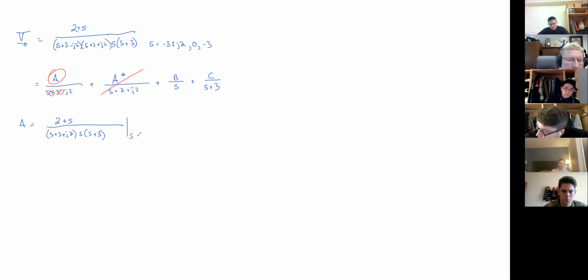And every time we see an S, we're going to replace it with our root. So now it's just an algebraic substitution. And similarly, we're not going to bother to find our A star, but we will find our B. And we'll do it the same way. We're going to cover up just the corresponding root to B.